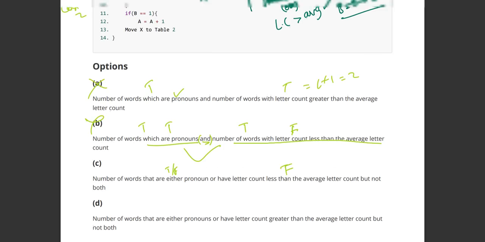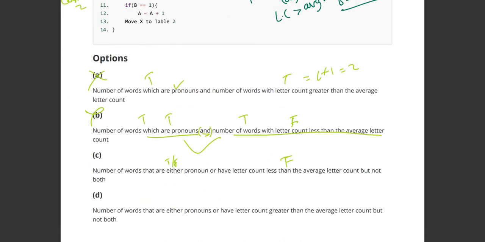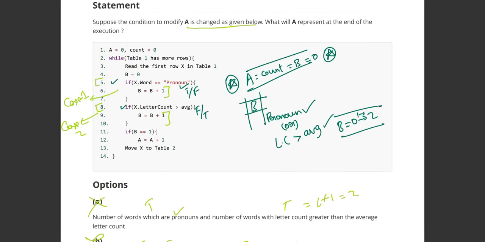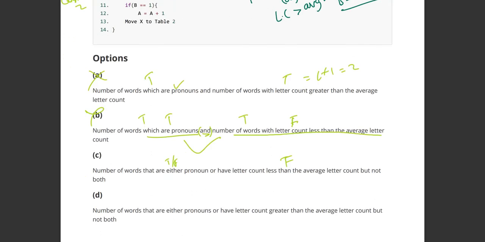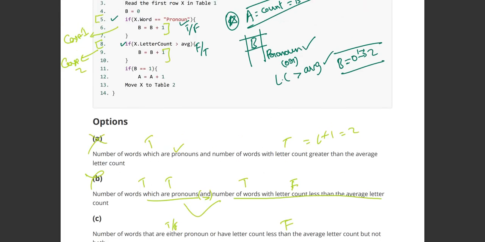Less than in the sense, less than means it will be false. That are either pronoun or have letter count less than the average letter count, but not both.